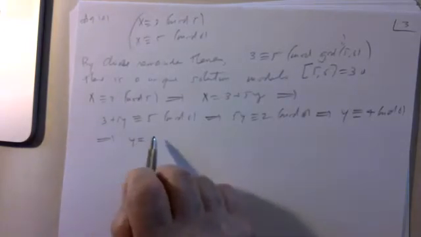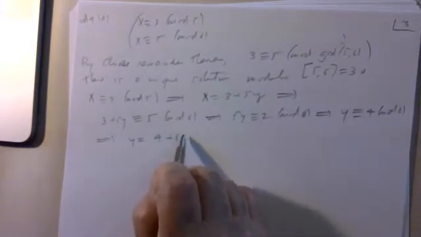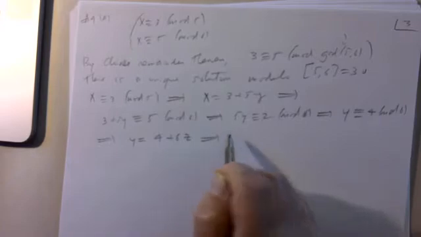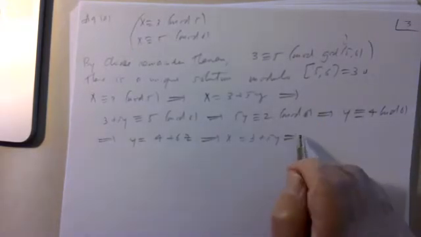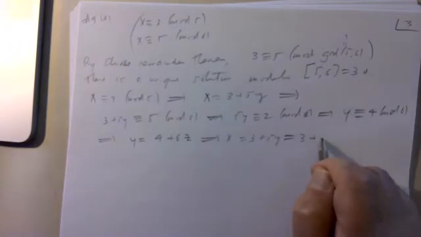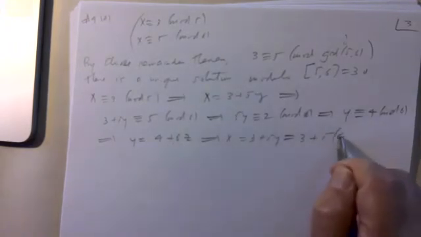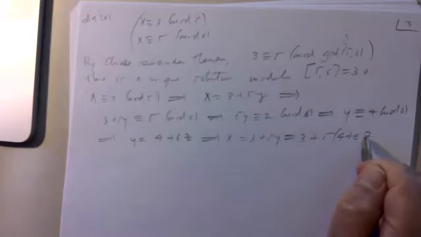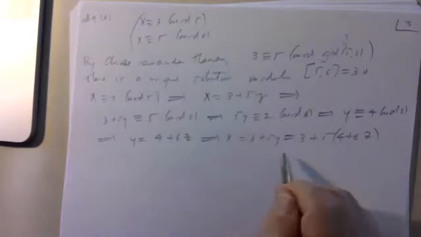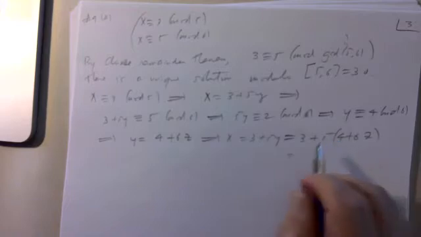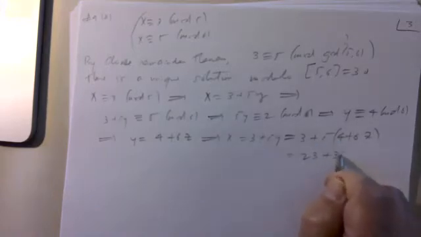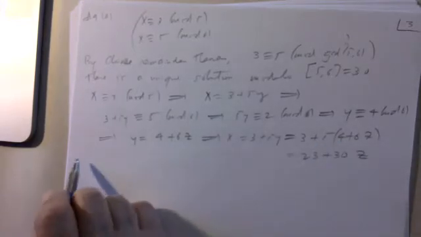So y is a number of the form 4 plus 6z, and x, which is 3 plus 5y, is a number of the form 3 plus 5 times 4 plus 6z. This is 3 plus 5 times 4, which is 23, plus 30z.